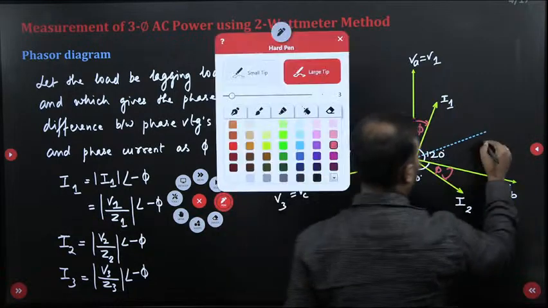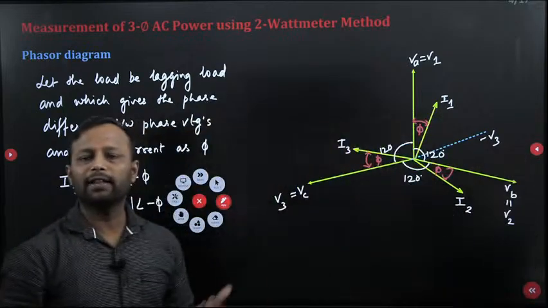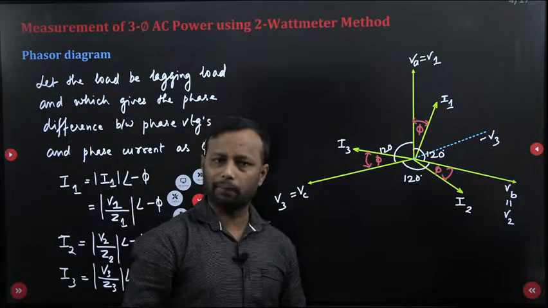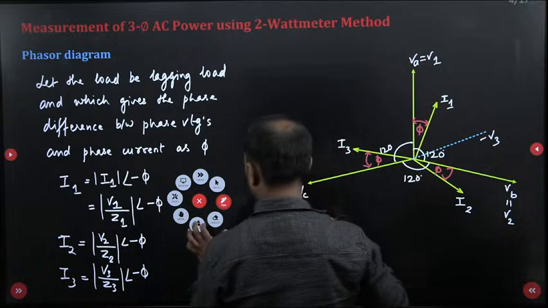So this is minus V3. Now how to get V13? By using the parallelogram theorem. So this is your V1, this is minus V3.